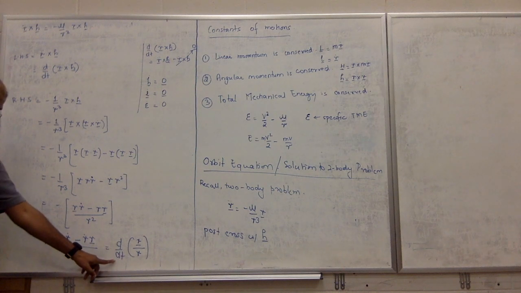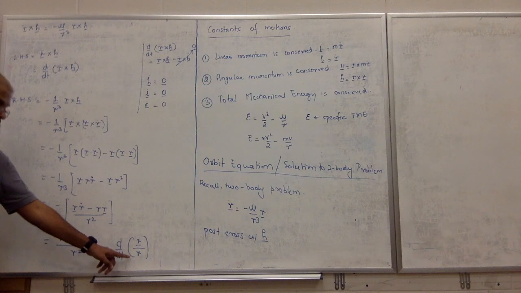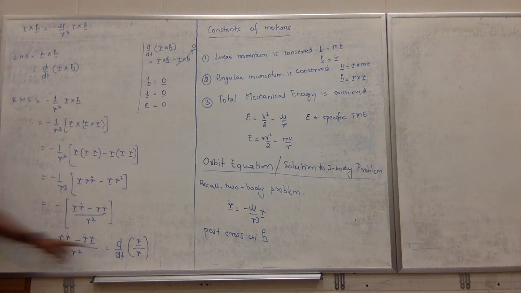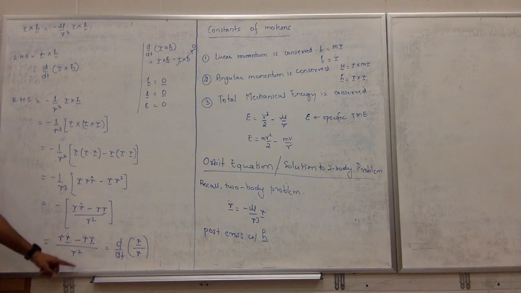Think about this: d over dt of this over this. How do you solve this? You apply the quotient rule, right? So it is r times r dot minus r dot times r, divided by r square.